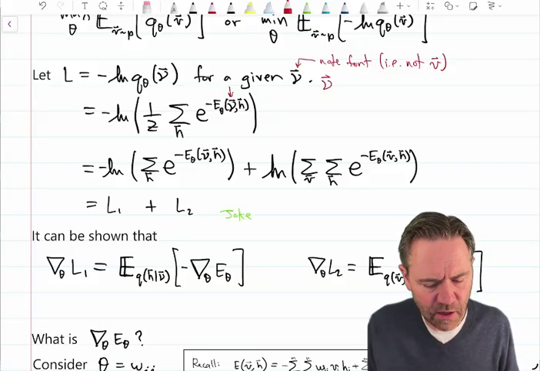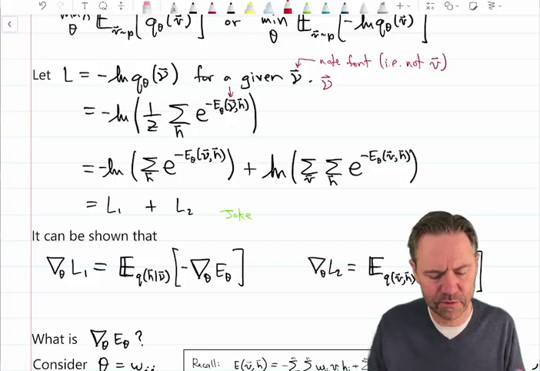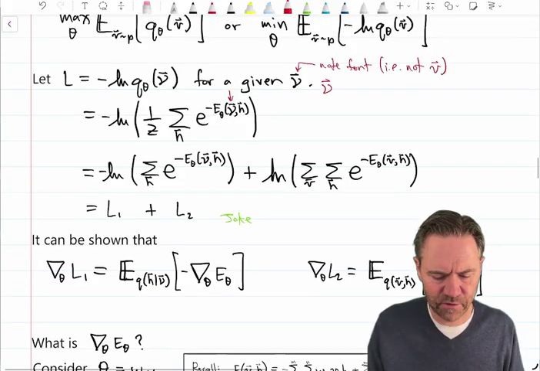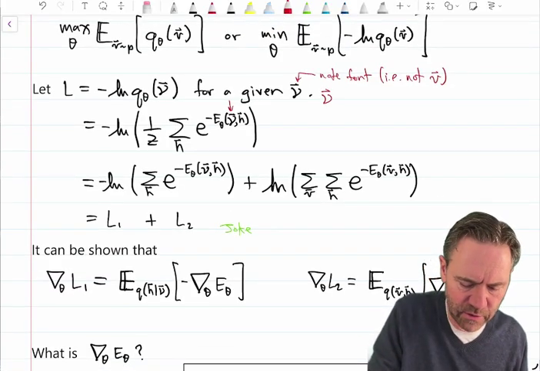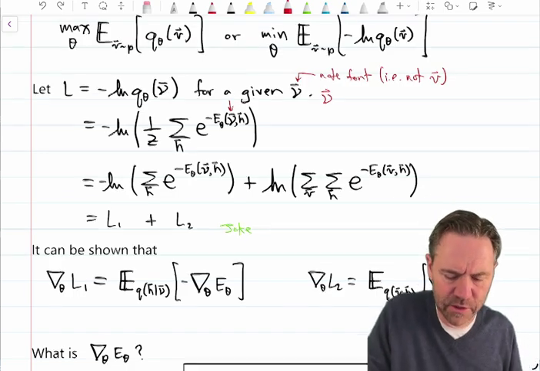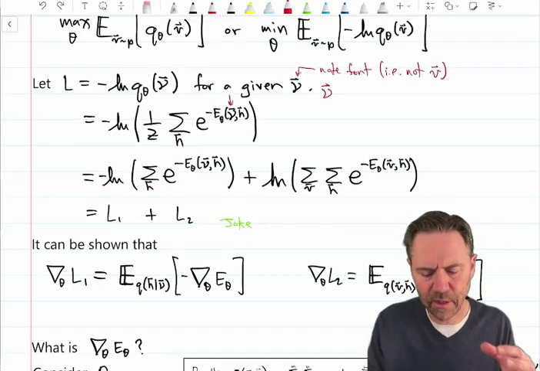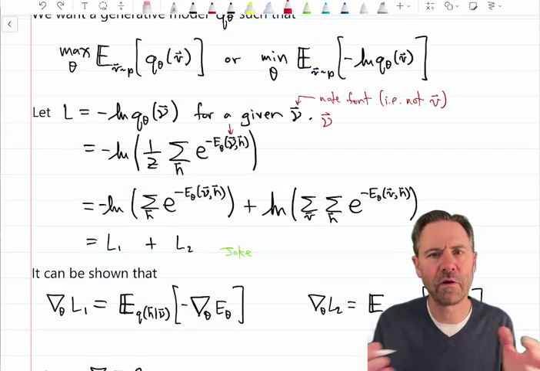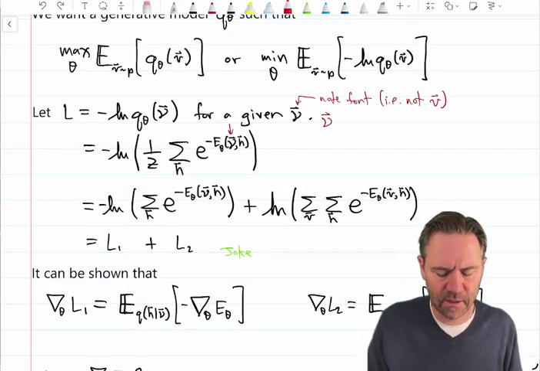It's a log of a product, so you can split it up into two pieces. This first line comes from the fact that it's a marginal. The energy was actually a double sum over all the visibles and all the hiddens.